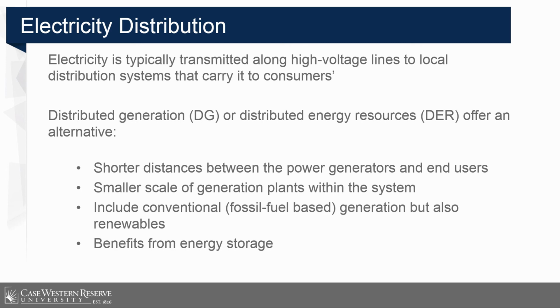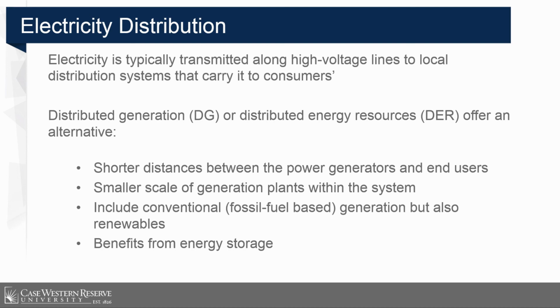There are smaller scale of these generation plants within the system, so you have a lot of little plants rather than one big centralized one. Sometimes they can include conventional fossil fuel-based generation, such as something called combined heat and power. So think of them as small power plants that are using fossil fuels to generate electricity, taking advantage of heating needs as well, and doing this on a relatively small scale, distributed throughout a population.